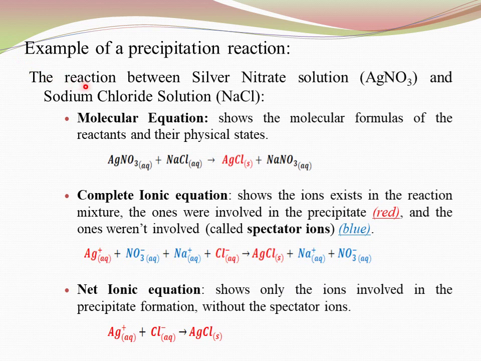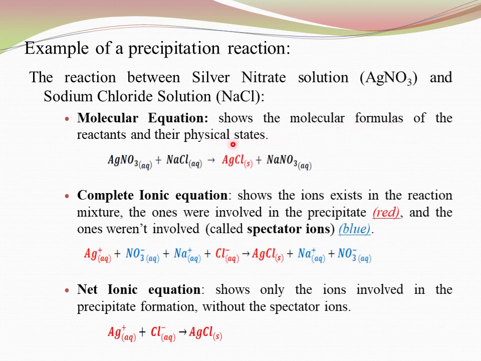Example: the reaction between silver nitrate and sodium chloride. How can you write a molecular equation? The molecular equation shows the molecular formulas of the reactants with physical states. So write the equation with molecular formulas and also with physical states.